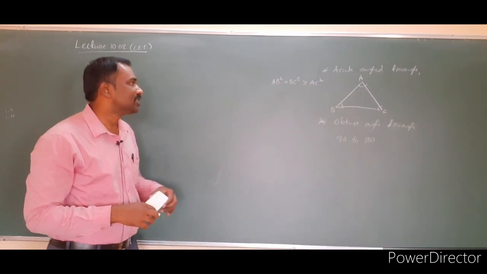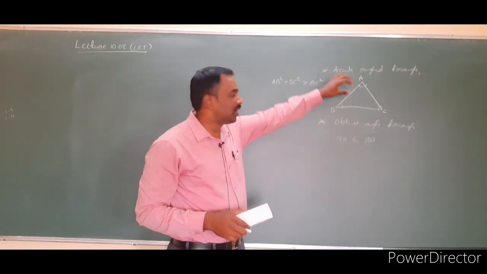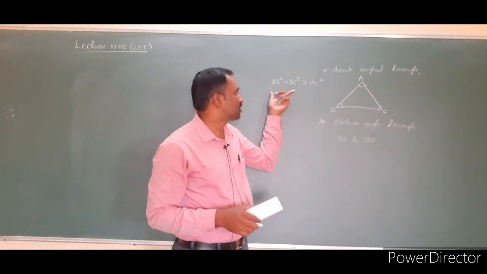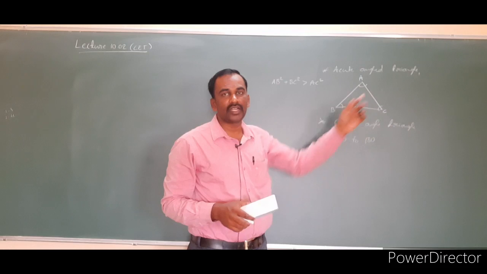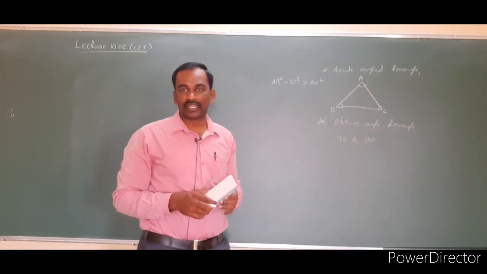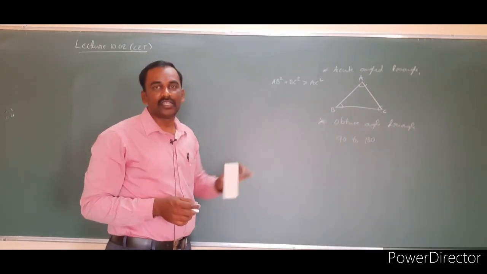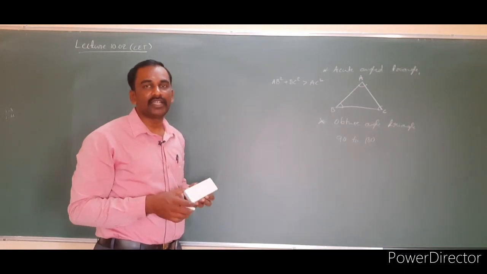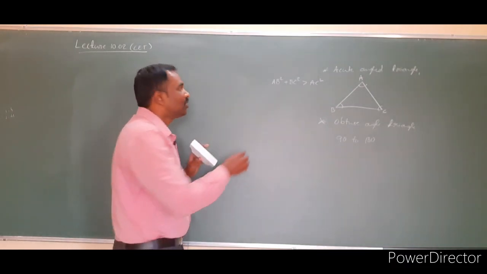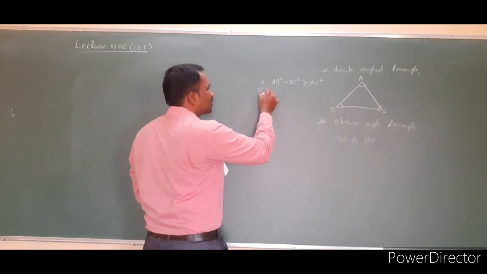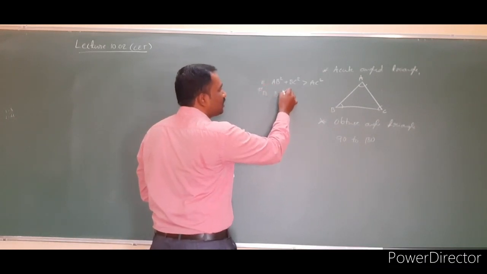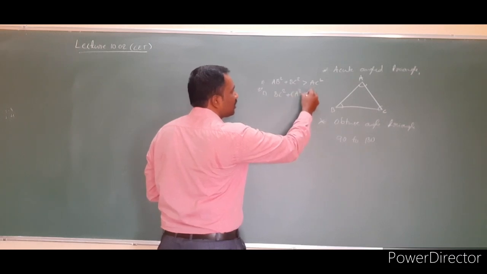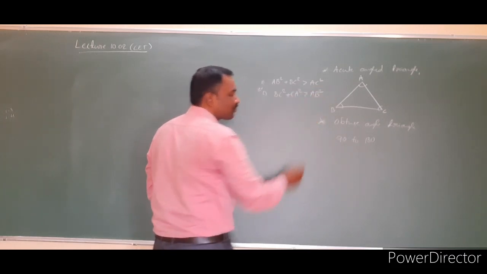That is, the sum of the squares of two side lengths is greater than the square of the third side length. If this condition is satisfied, then you can say that it is an acute angle triangle. Or else, the second condition: BC square plus CA square is greater than AB square.